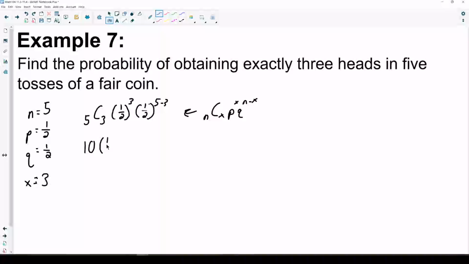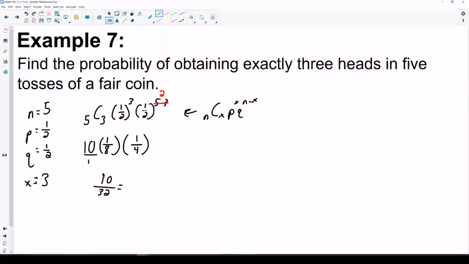Well, 1 to the 3rd is 1, 2 to the 3rd is 8. Times 1/2 to the 5 minus 3, right, is just 2. So 1 to the 2nd power is 1, 2 to the 2nd power is 4. We multiply across. Quick reminder, there's always a hidden 1 under an integer, right? So 10 times 1 times 1 is 10 over 32.